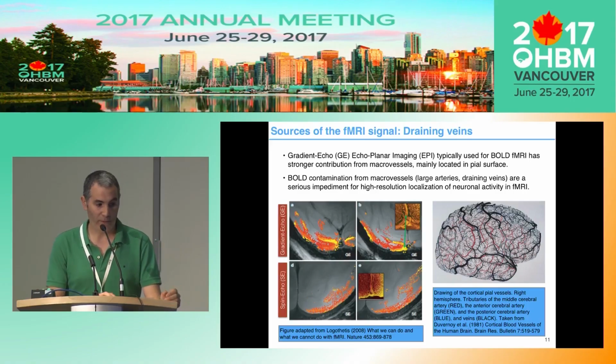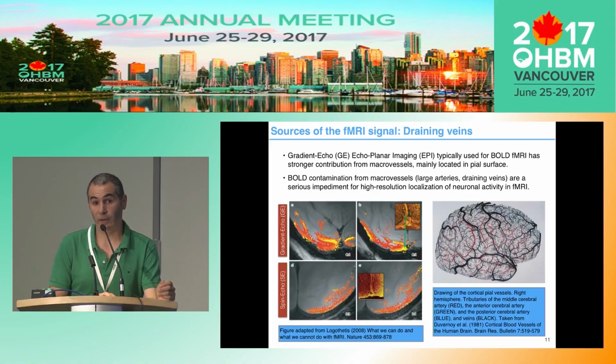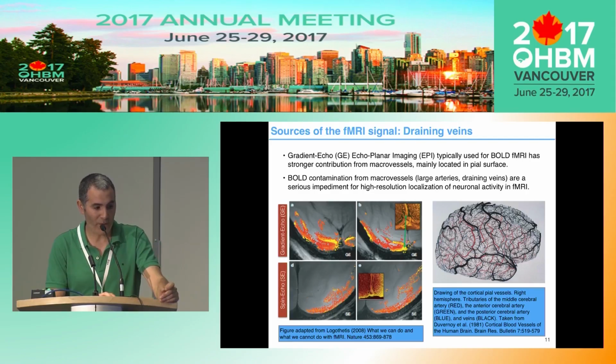Another source of the fMRI signal is the effect of draining veins and large arteries. So usually in fMRI, what we employ is gradient echo planar images in order to acquire our data. But those images have a very strong contribution from macrovessels that are mainly localized in the pial surface. So this contamination from the macrovessels is a serious impediment for high-resolution localization of neuronal activity in fMRI.